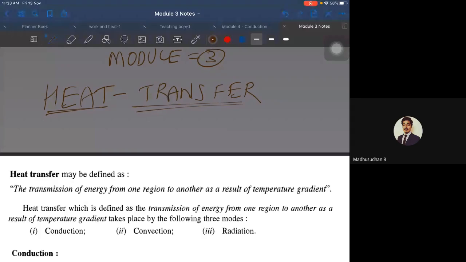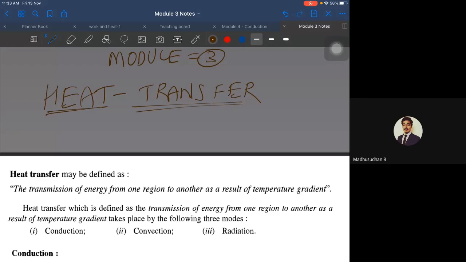It's called heat transfer. As I previously mentioned, we'll be discussing the basics of heat transfer in module number 3, in-depth conduction in module number 4, and in-depth radiation in module number 5. So there completes your syllabus.